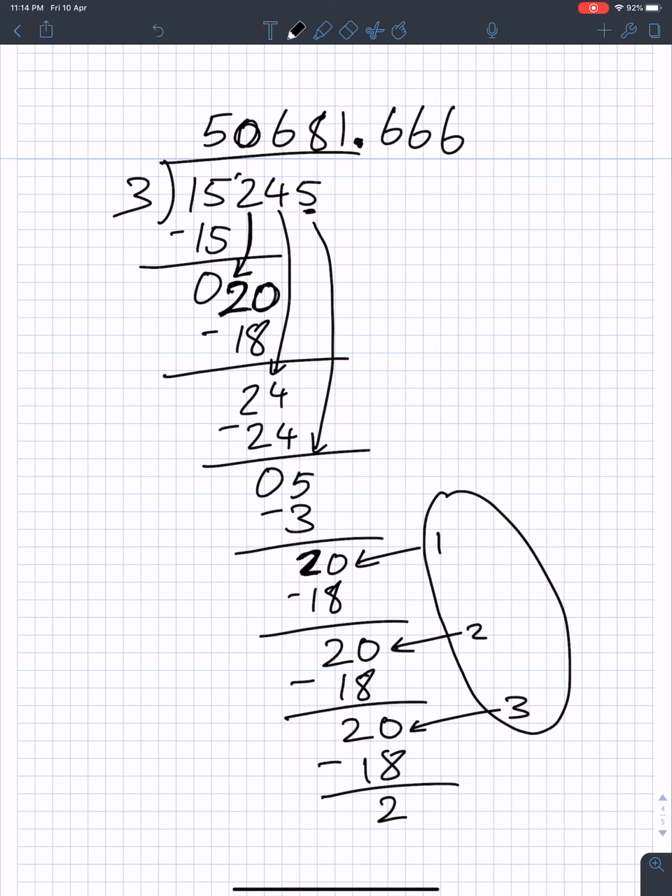This is where the remainder rule comes in. Remainder 2, right? Once we've used all our decimals and there are no numbers left over, we just put remainder. So remainder 2. So the answer is 5,081.666 remainder 2.